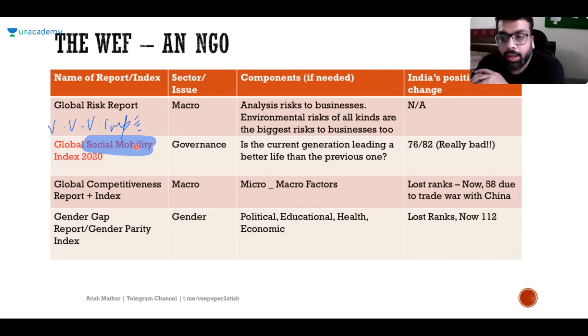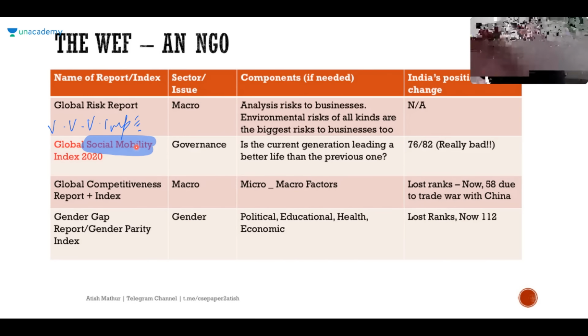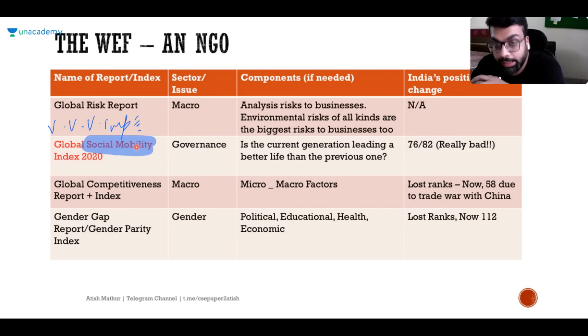I'm not discussing the World Economic Forum's Davos summit. I'm discussing the documents that they essentially deal with. Now, a total of 82 countries had participated in the first ever index. And as you can see, India is 76 out of 82, which means India has very, very poor social mobility.